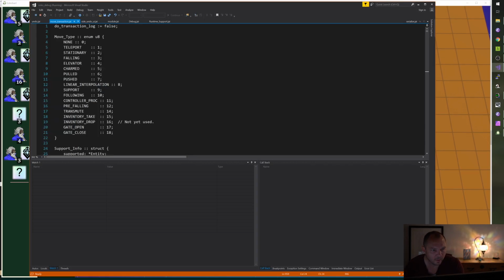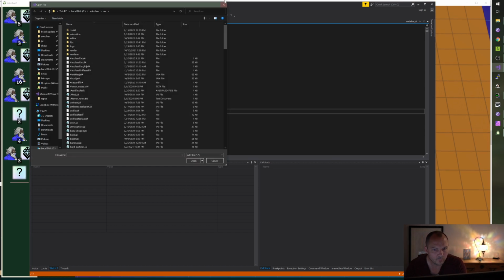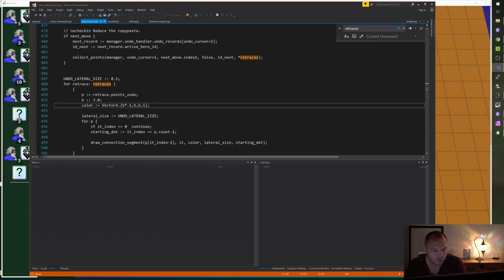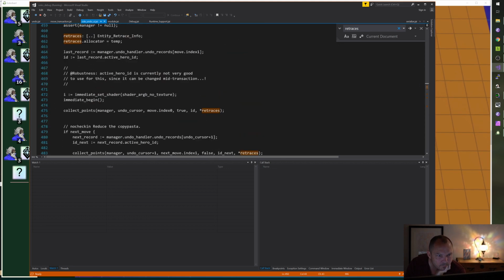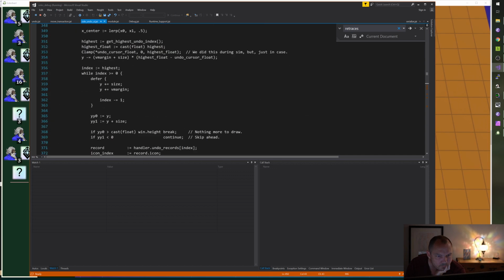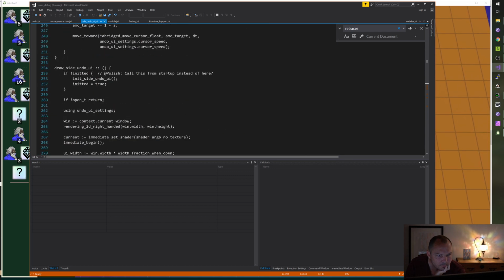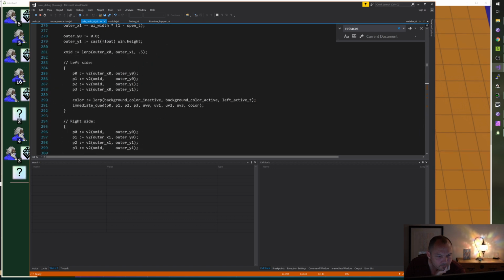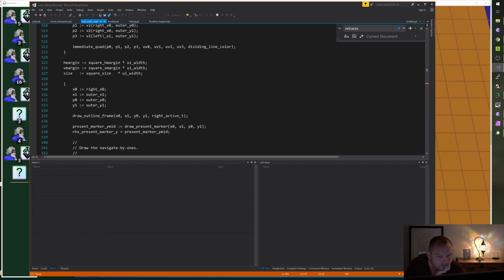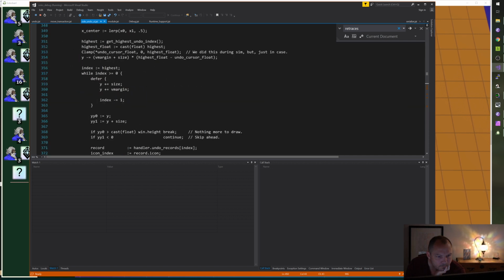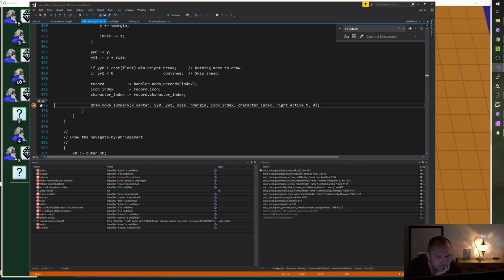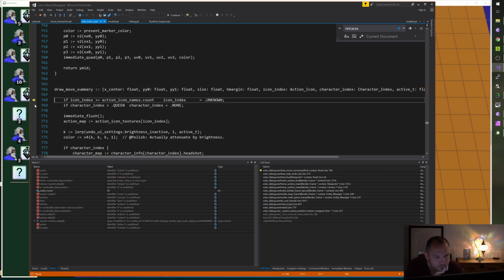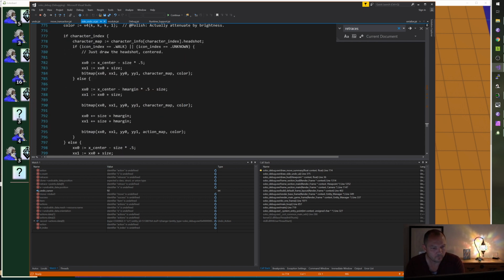We are wondering why, if we go to the side file, why is the texture map... okay?